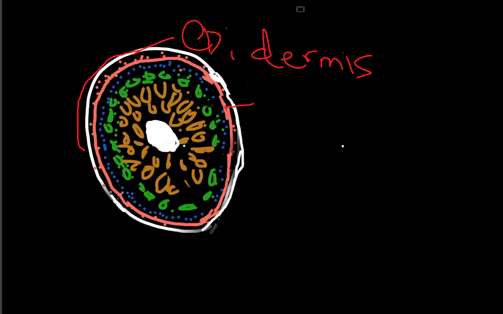Directly after the epidermis, you find the cortex. After the cortex, there are layers of fibers. These blue dots represent fibers. These fibers are known as bast fibers, although that's beyond the scope of this lecture.